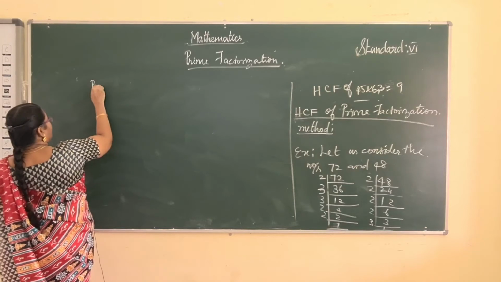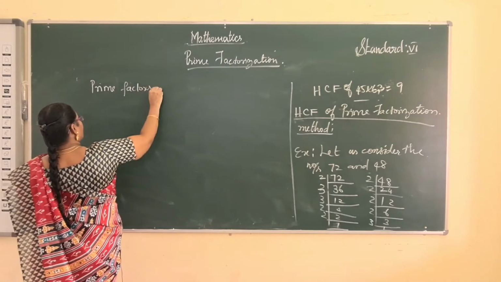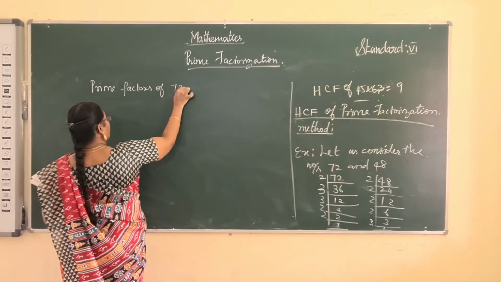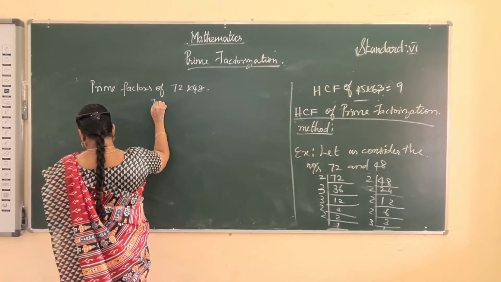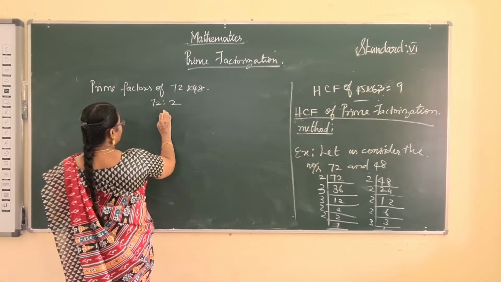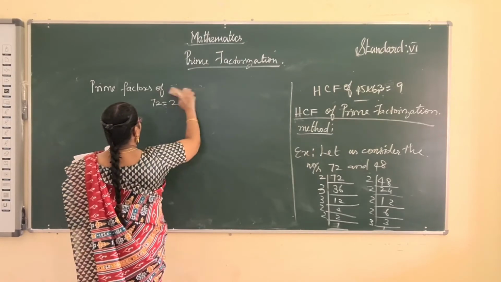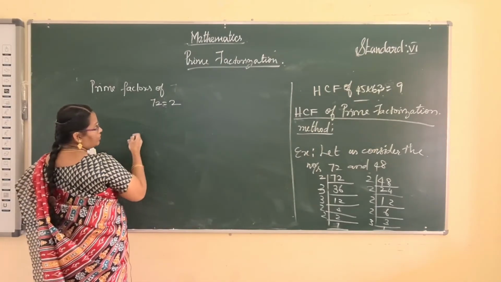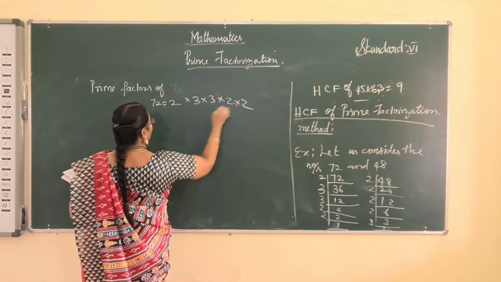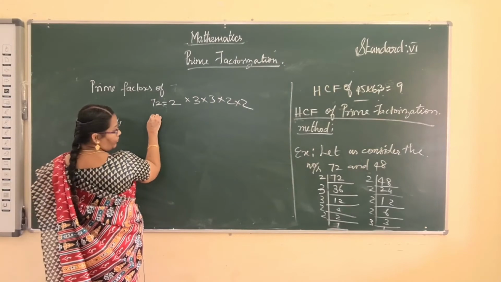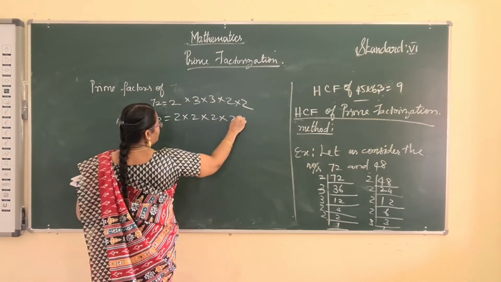Now the prime factors of 72 and 48. 72 is equal to 2 into 3 into 3 into 2 into 2, and the prime factors of 48 are 2 into 2 into 2 into 2 into 3.